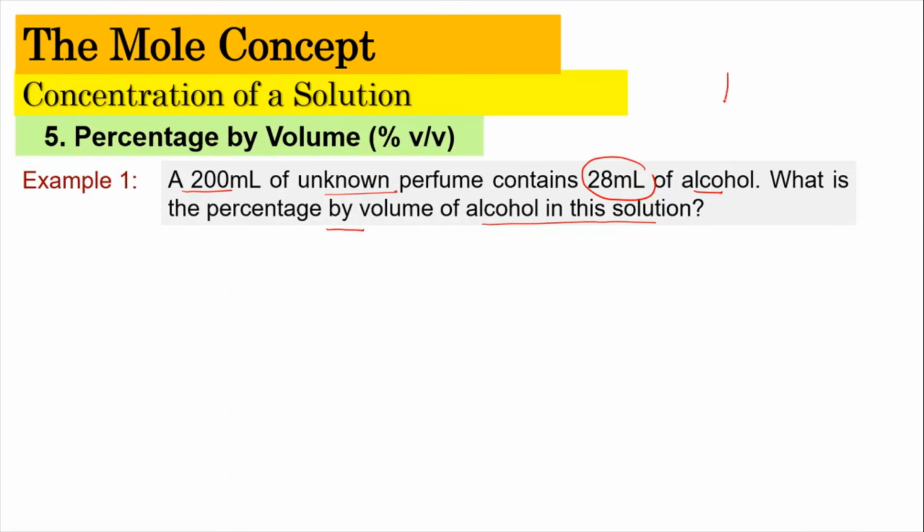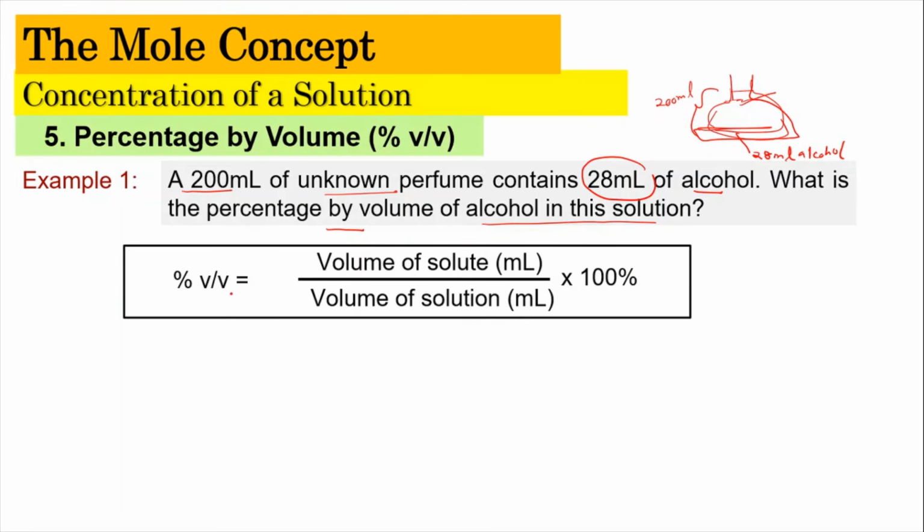So let's say if you have your alcohol bottle here, inside the perfume it's going to contain 28 ml of alcohol, but usually we dilute it with some water, for example, and it was dissolved up to 200 ml. So now we need to find the percentage by volume.